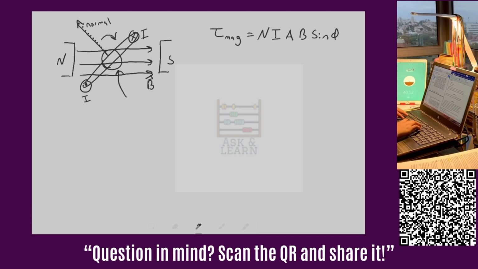And we've determined, right, that this torque is trying to cause this coil to rotate clockwise. And so we'll generally call this a negative torque.